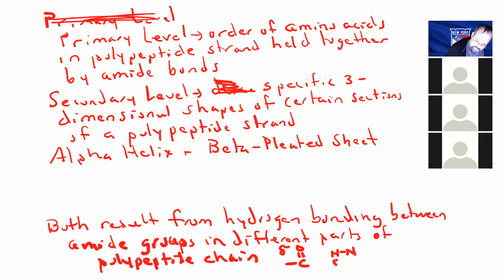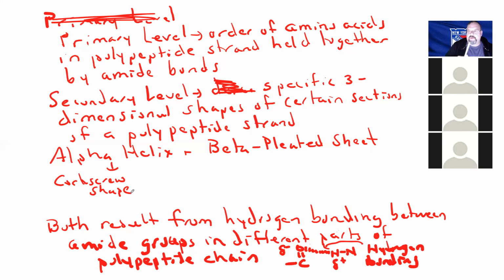The hydrogen attached to nitrogen is going to have a partial positive charge. What force of attraction will you have between them? The force of attraction you'll have between them is going to be hydrogen bonding. So both the alpha helix and the beta pleated sheet result from hydrogen bonding between amide groups in different parts of the polypeptide chain. Now, in terms of their shapes, the alpha helix is described as a corkscrew shape.